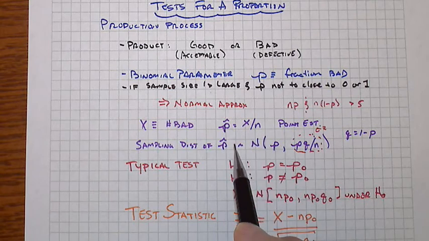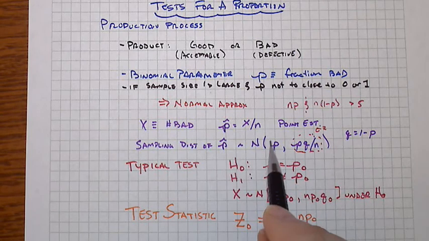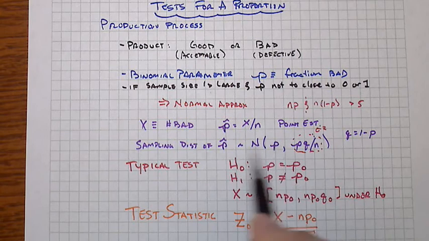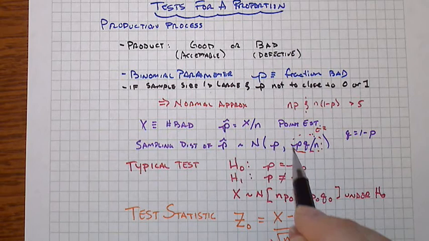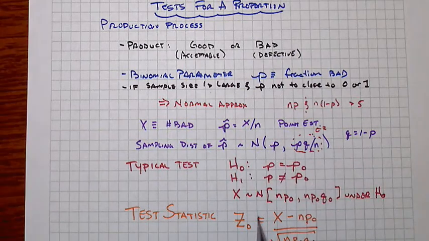That was our point estimate, and then the sampling distribution became normal with the expected value of our estimator being equal to our true population value, and then the variance, right, not standard deviation, but variance was pq over n, leading to a test statistic here for Z approximate normal: x minus n times p naught over the square root of n p q.